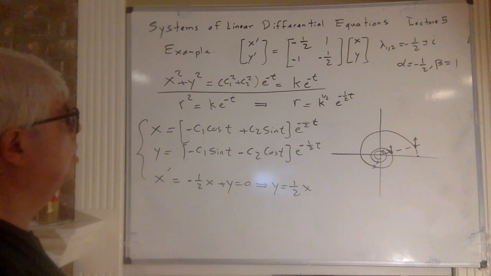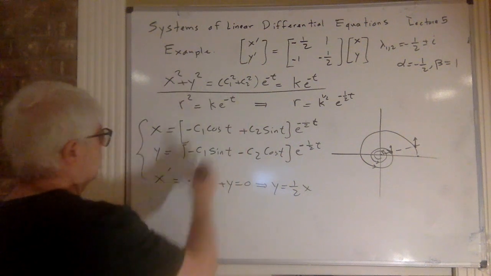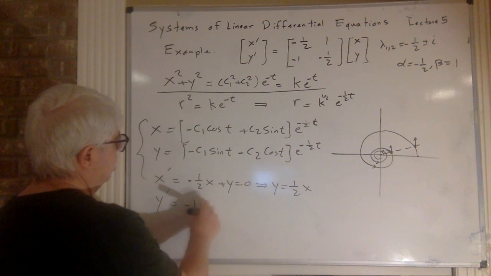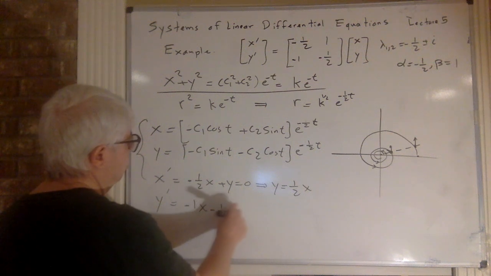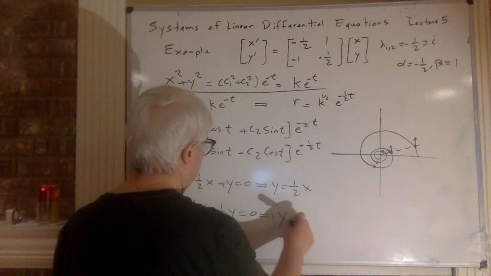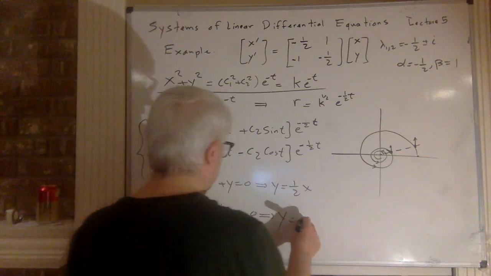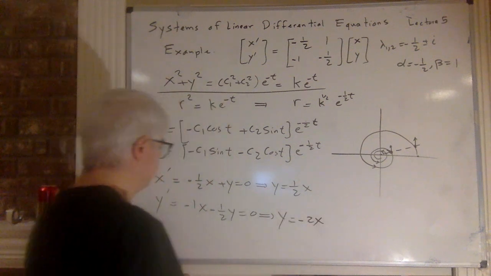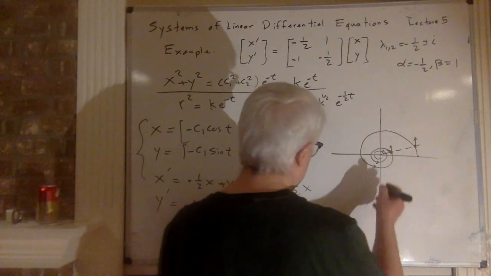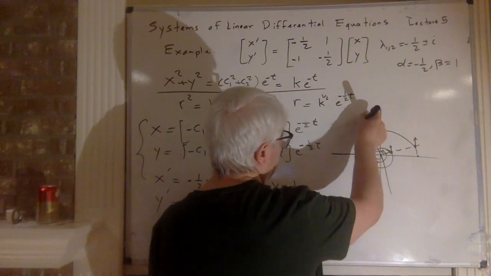So you can graph it in Mathematica and also graph these two. The second one, which is y prime equals minus 1x minus 1/2 y equal to 0, gives me y is negative 2x, and that is something like this. So it should be, in fact, something here.